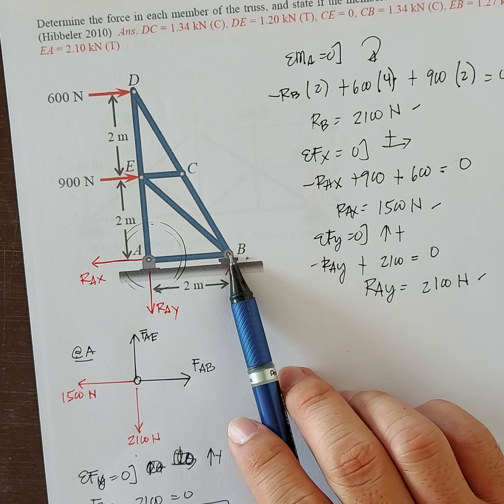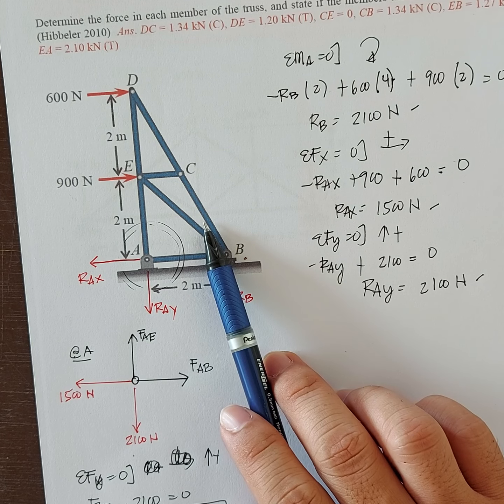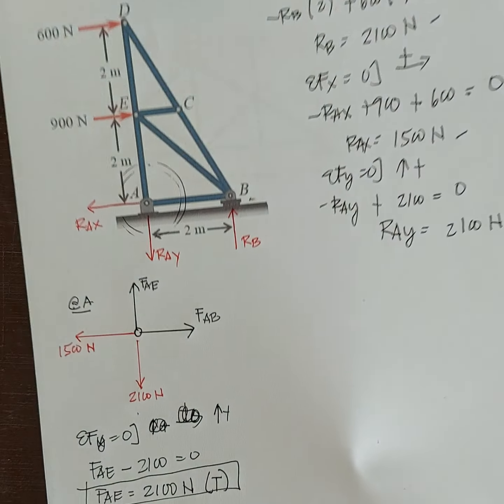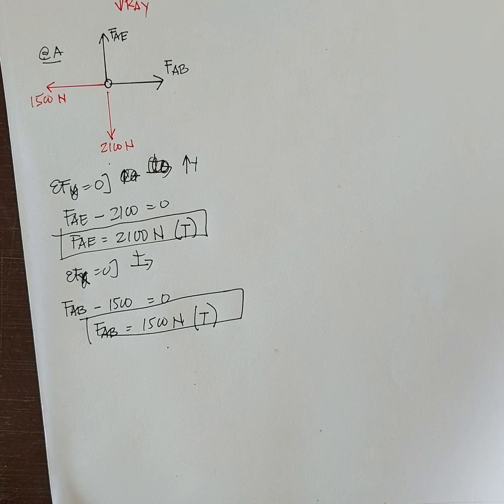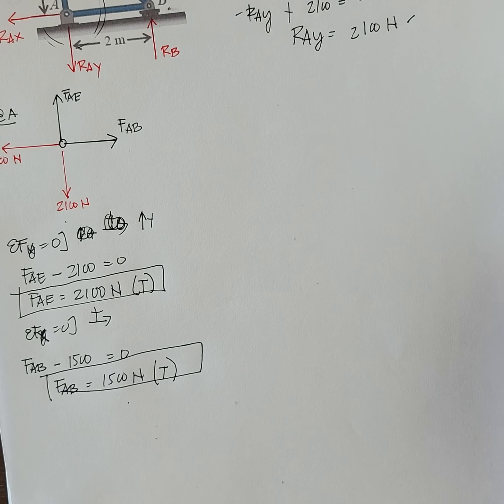Kapag pumunta tayo sa joint B, ma-solve na natin yung BE and CB. Or maybe we can also go to joint D na lang muna. Pwede rin naman yun. Okay? So at joint D, ito na lang.